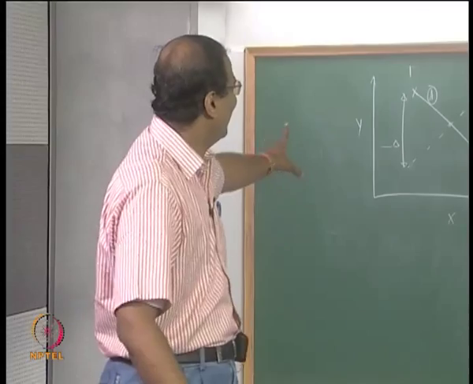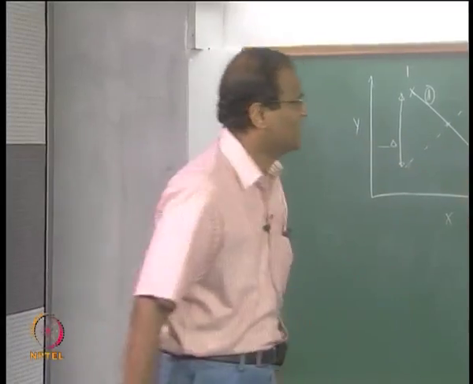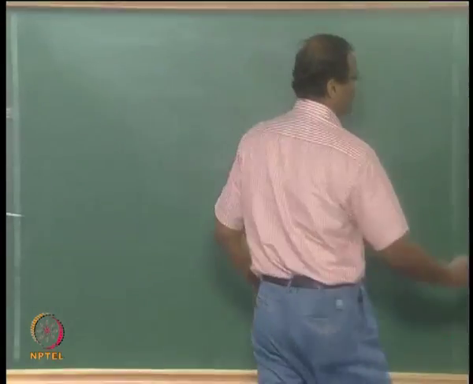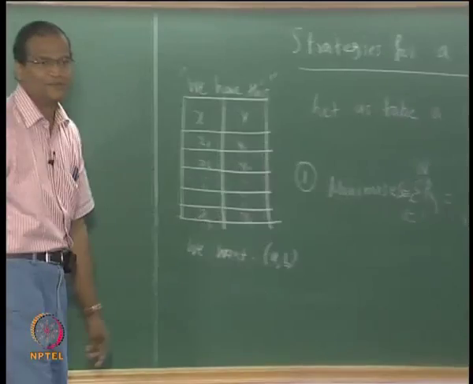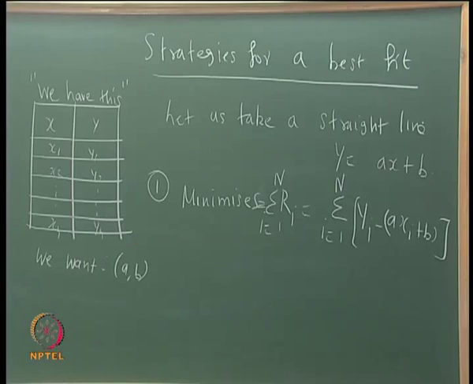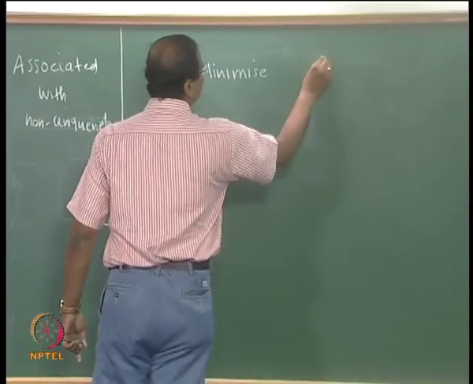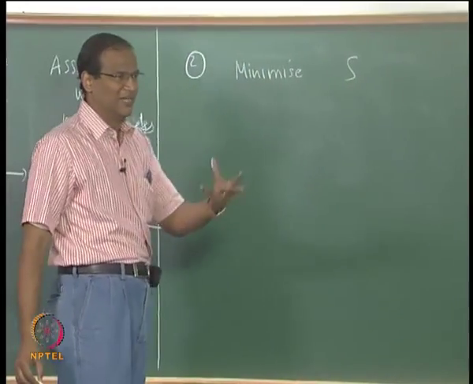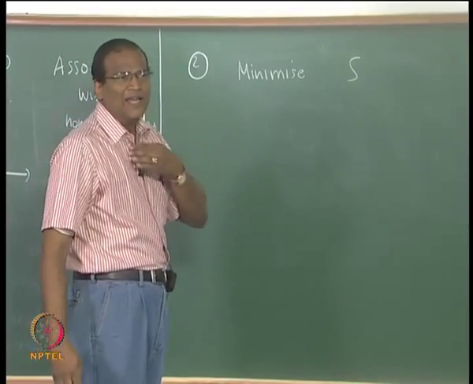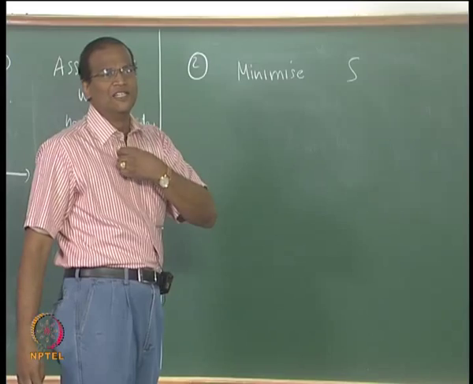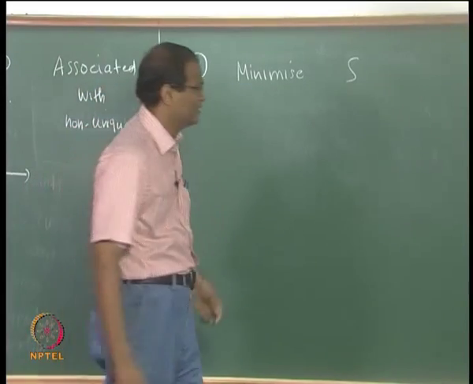Okay. So strategy number 1, minimize S, fails. Strategy number 2, can we get a little better? Minimize, see, I am putting a general notation. S is the sum of the residue. S is a terminology or a symbol frequently used in statistics.